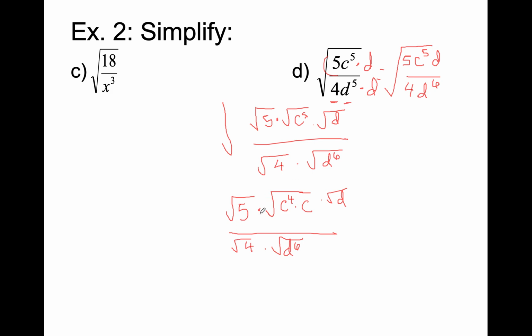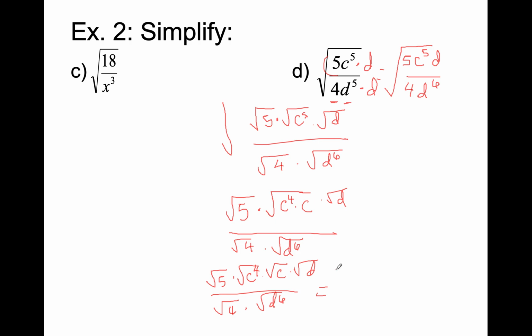Again, now I can totally evaluate each of these radicals. As I said earlier, radical 5 is just radical 5. Radical c to the fourth times radical c times radical d, all over radical 4 times radical d to the sixth.